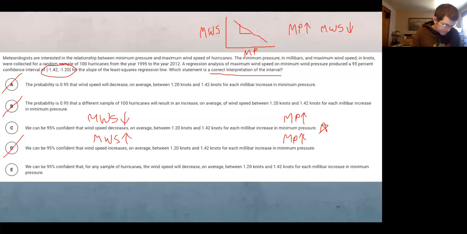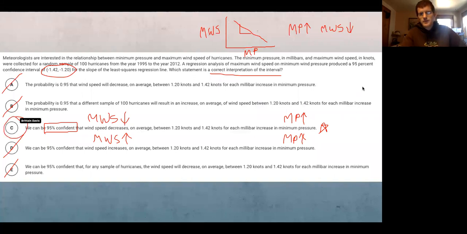Again, that's not the correct interpretation. 95% confident is kind of a shorthand for saying 95% of all of the possible confidence intervals will capture the true mean. All right, so the answer here is C. Sometimes these interpretations are the hardest questions.